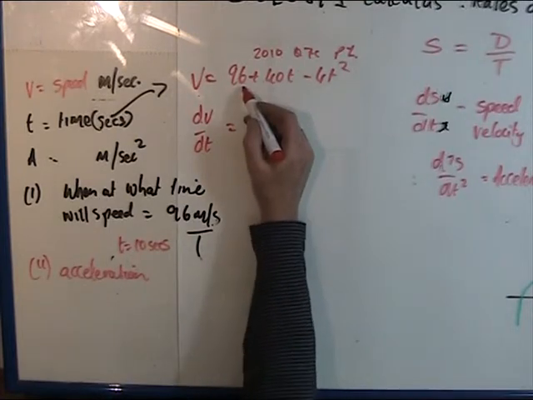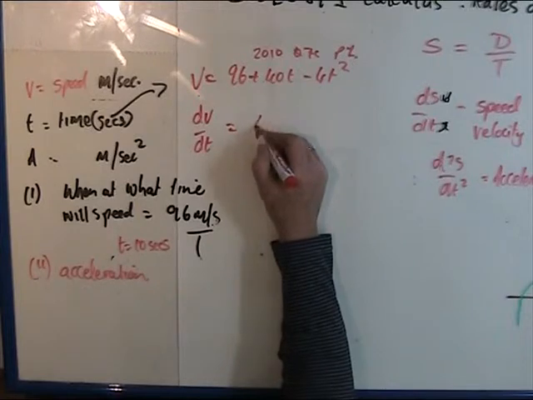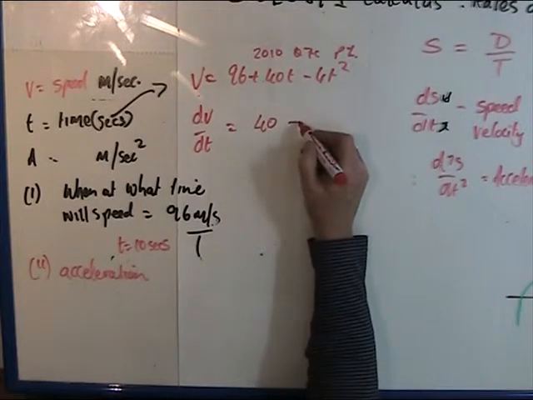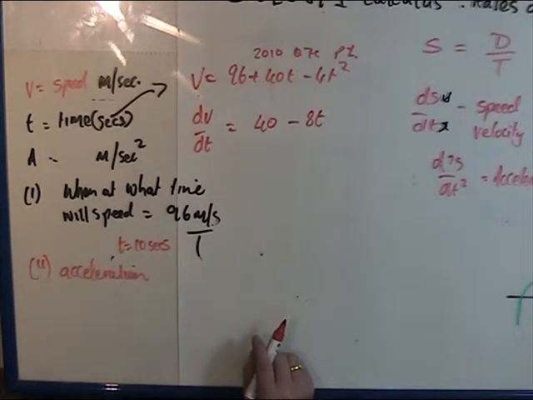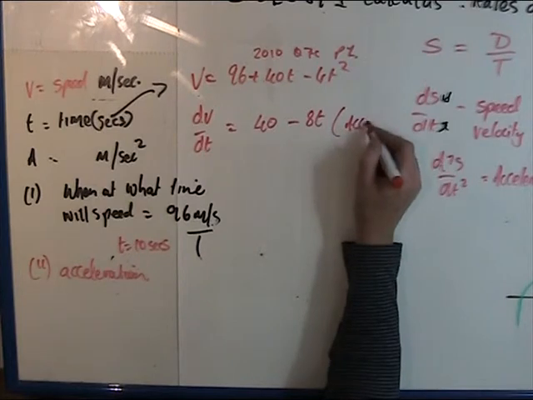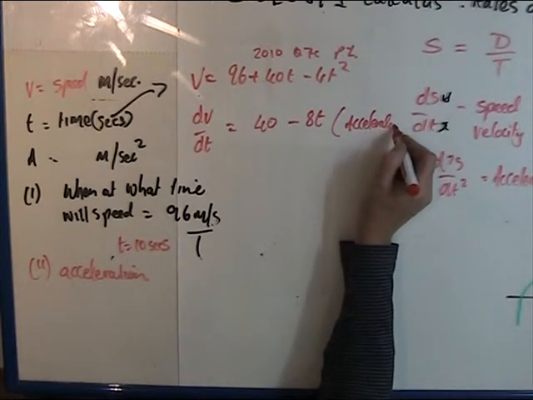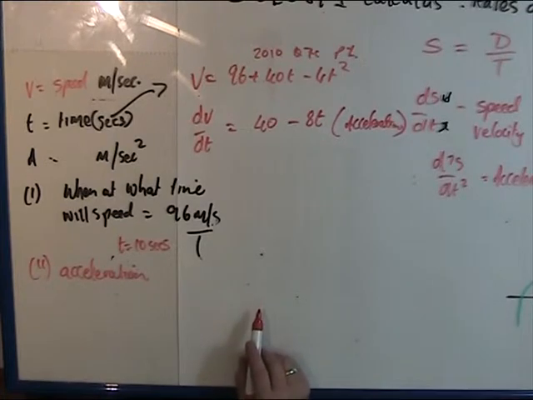The derivative of a constant is 0, and the derivative of 40t is 40, minus 8t, since 2 times 4 is 8t. And so that's the acceleration. Now it can tell you how you're accelerating through the curve.